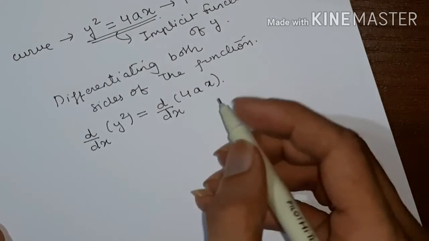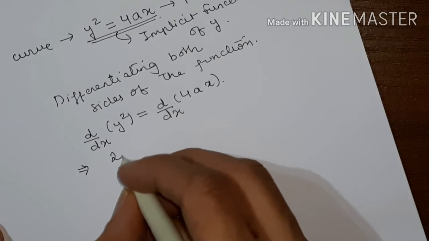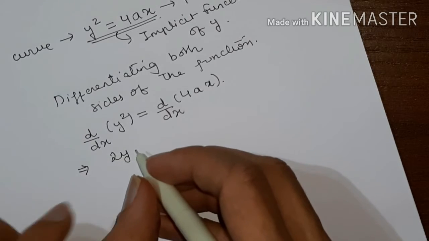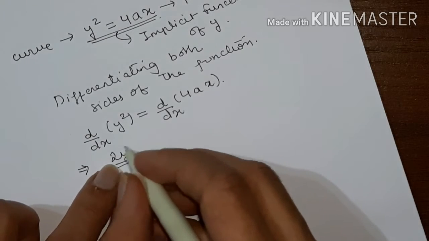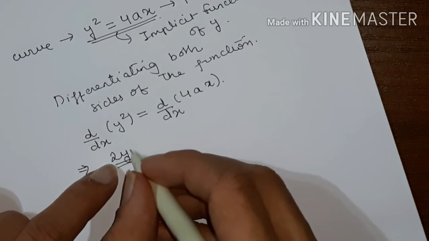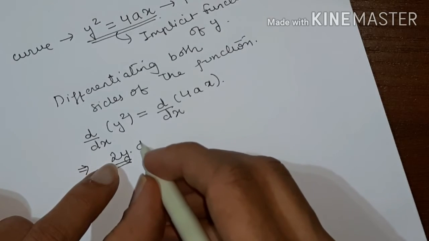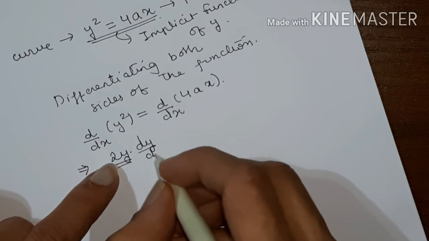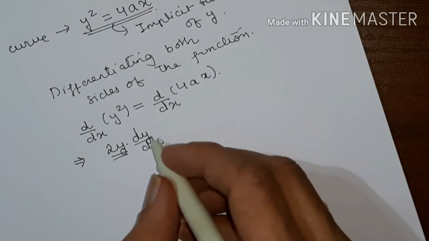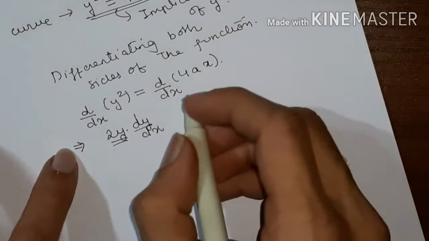This is what you will get if you differentiate on both sides. So d by dx of y square is 2y, but you have to be careful here. Why? Because y is a function of x now, right? So you have to differentiate y again so that you get dy by dx.